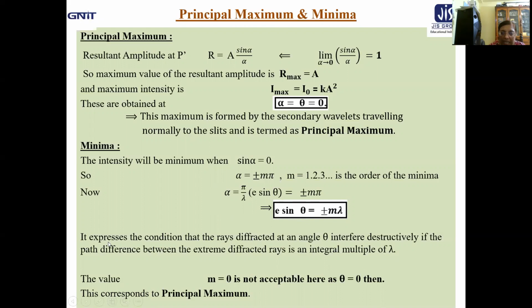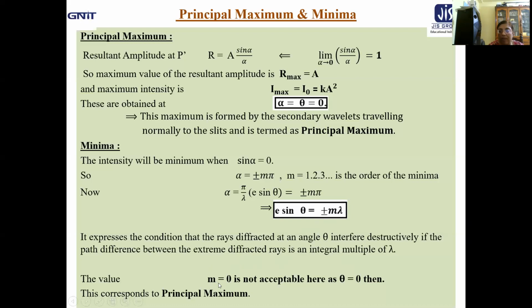So we are getting it, and it expresses the condition that rays diffracted at an angle theta interfere destructively if the path difference between the extreme diffracted rays, because from A and B we considered, is an integral multiple of lambda. Here m is the order of the diffraction.